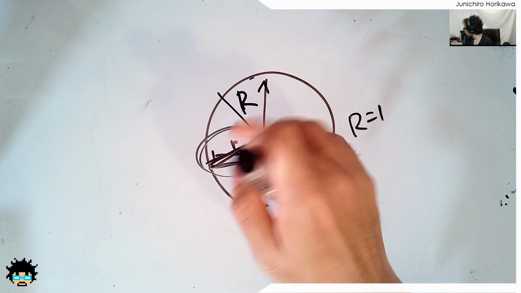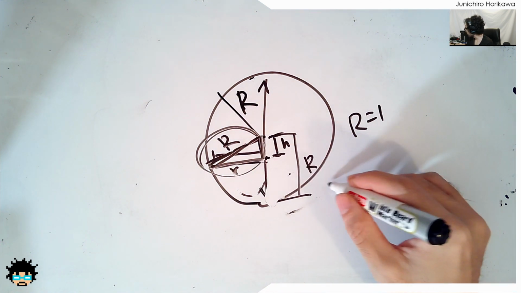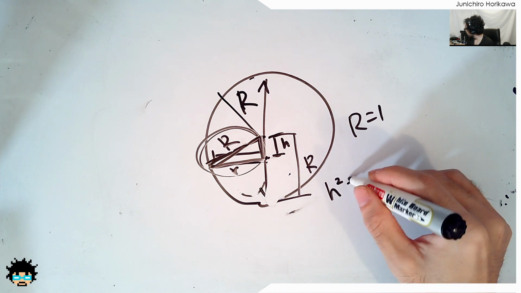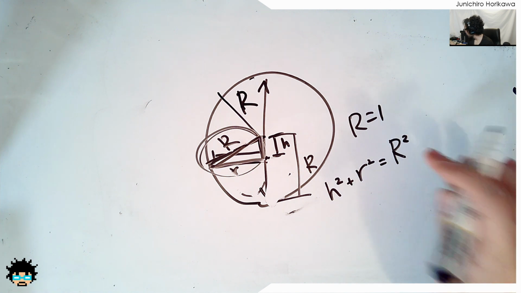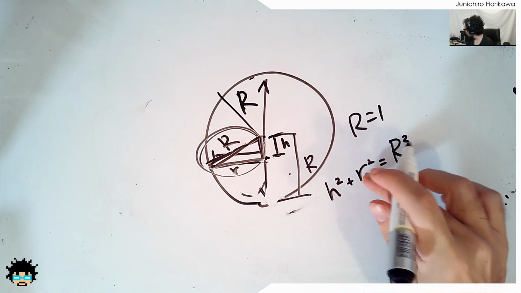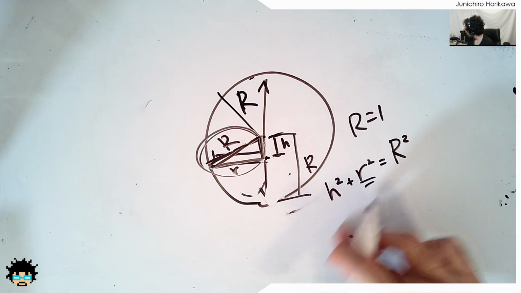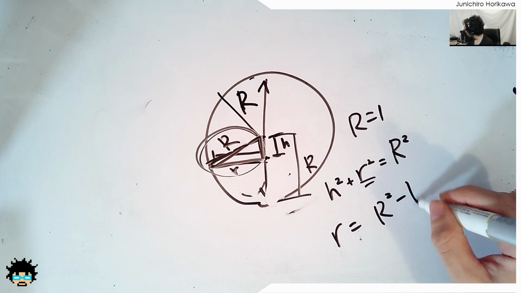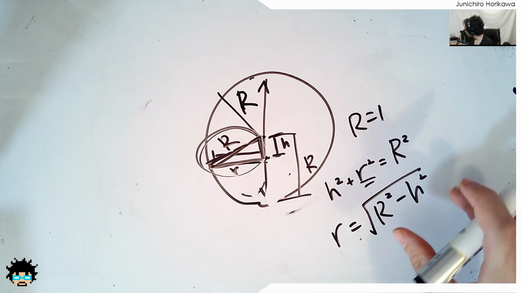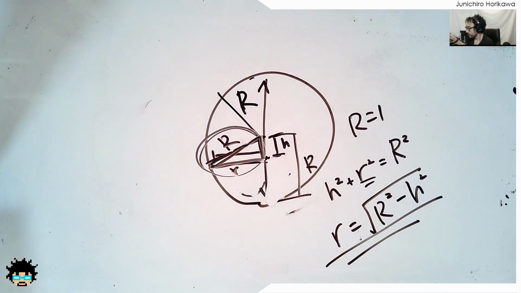This is the small r, this is the big R, and in this case h to the power of 2 plus r to the power of 2 is equal to big R to the power of 2. So r is equal to the square root of R squared minus h squared. Pretty straightforward.